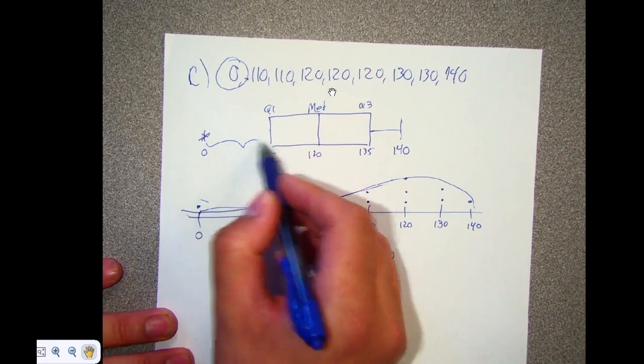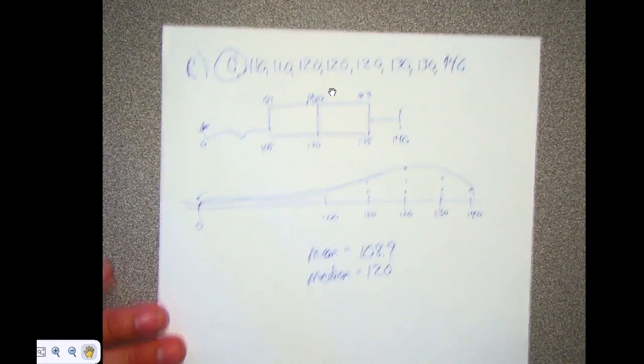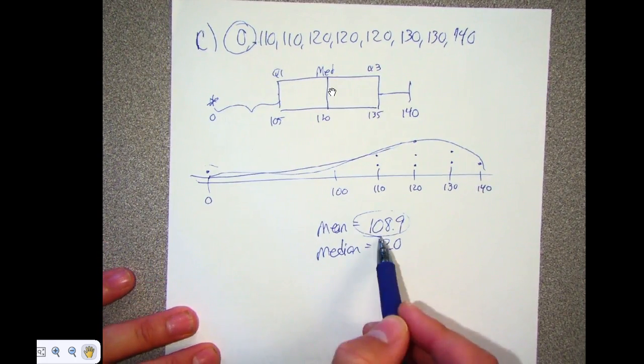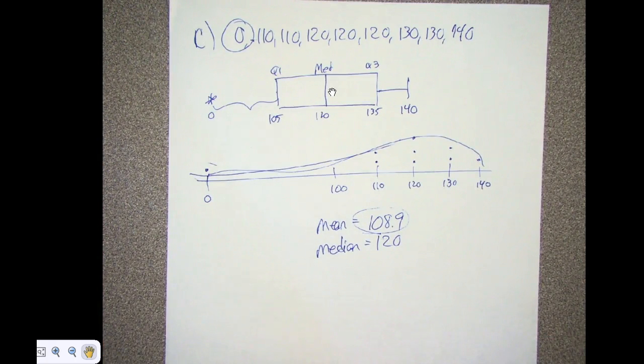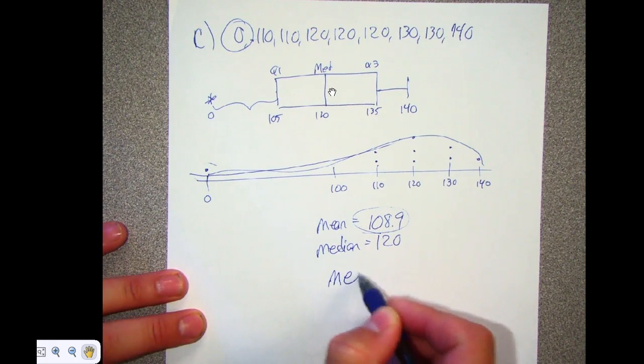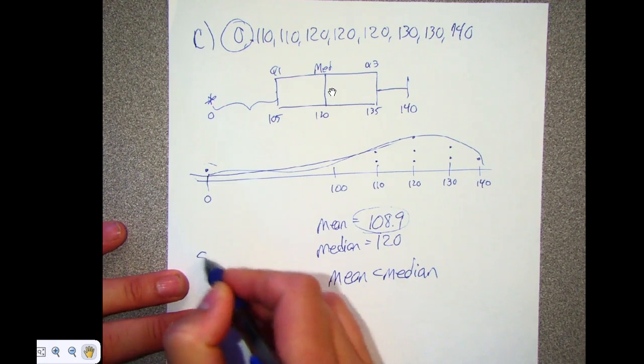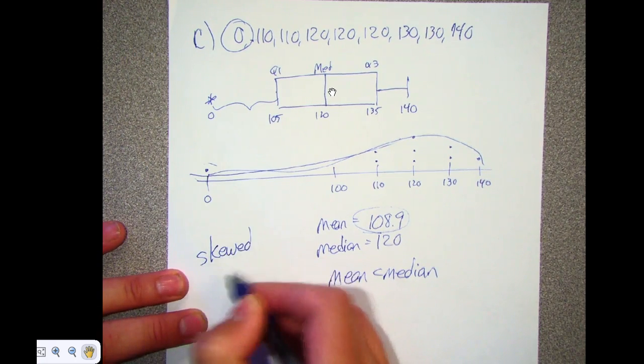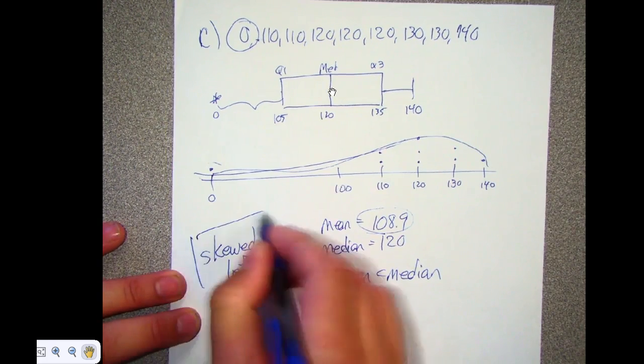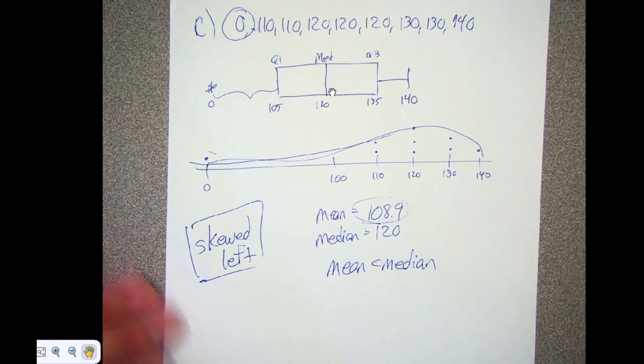You get this bigger gap on the left-hand side of the box plot, and the mean is to the right or the left of the median? It's to the left. So this mean is less than median, and this is skewed left. But again, you should be able to identify from any of those characteristics if it's skewed right or skewed left.